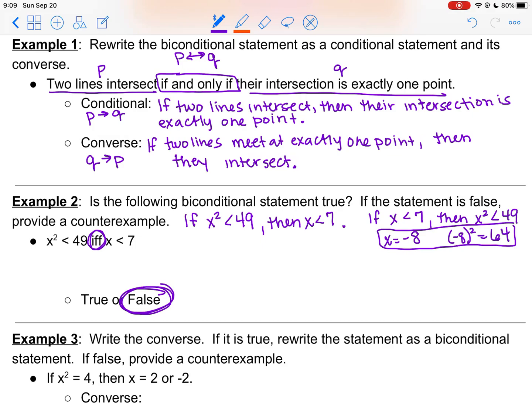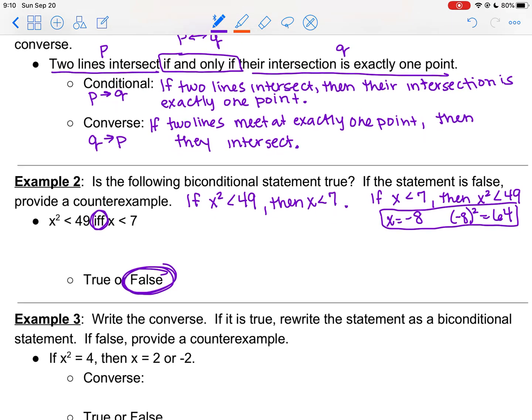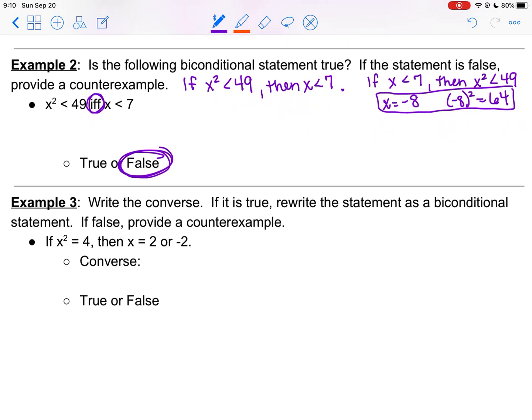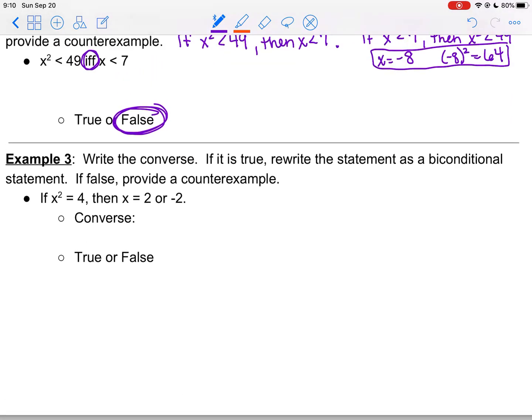There were bounds on x squared, but there weren't any bounds on x, and I could just go anywhere less than 7. I know that -8 is less than 7, and whenever I square it, I get more than 49. So that's what breaks that biconditional statement. So we can't use that biconditional statement.